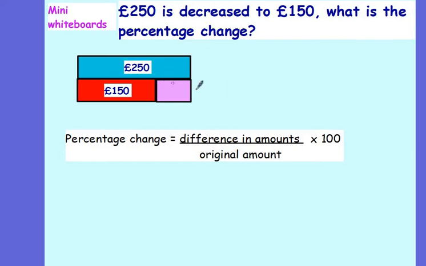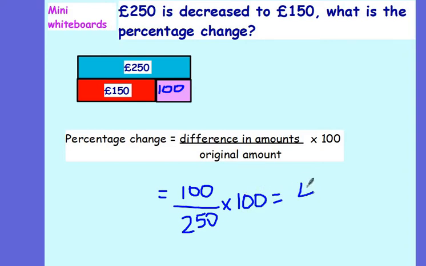Right, Lucy, what's the difference in amounts this time? What's this block here? The difference in amounts this time is still £100. Our percentage change is going to be 100 over my original amount, which was 250, times 100.